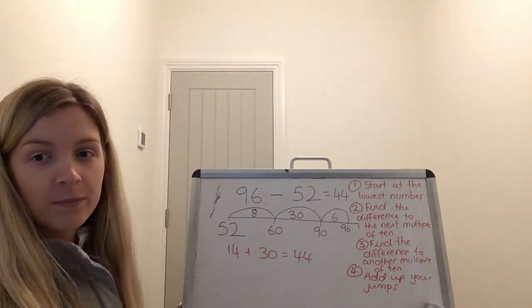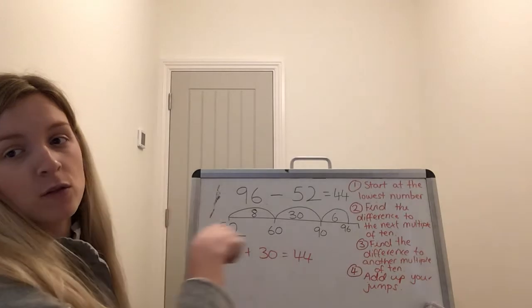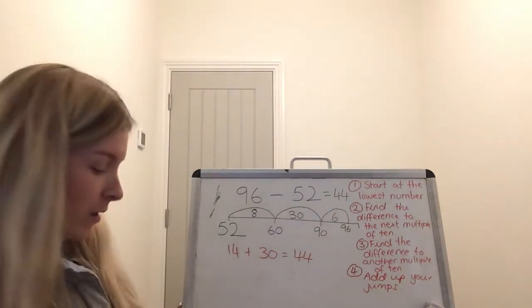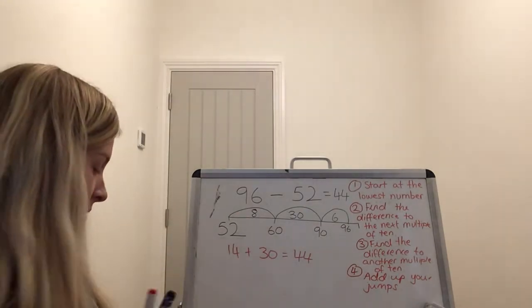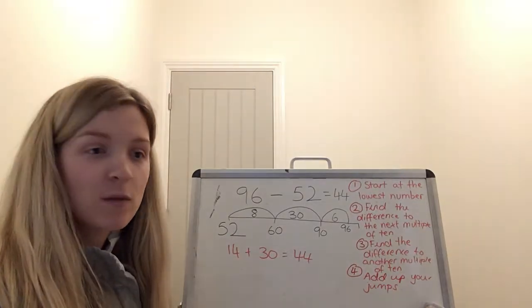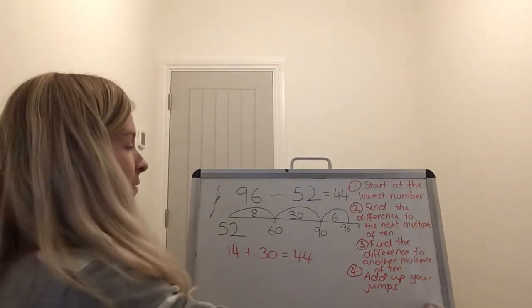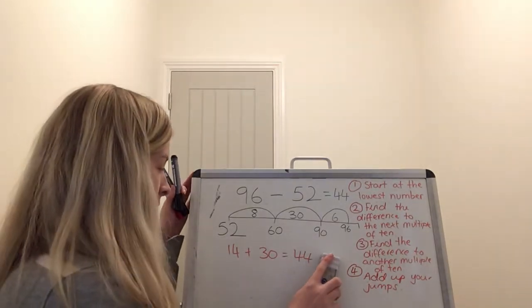Okay? I'm going to rub this part off now, and I'm going to write one up here for you to have a go at on a piece of paper. So if you need to grab a piece of paper, do that now.